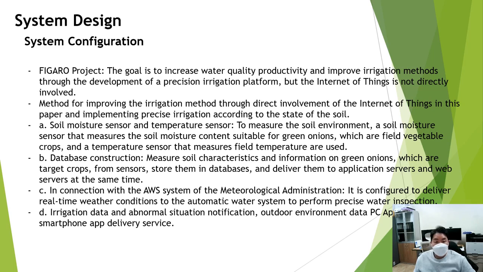Regarding the AWS system of the Korea Meteorological Administration, the AWS system was used to automatically deliver real-time weather conditions to perform precise irrigation.